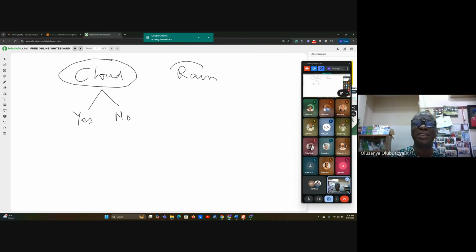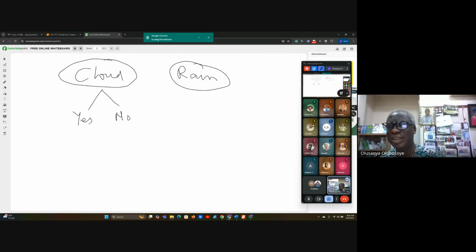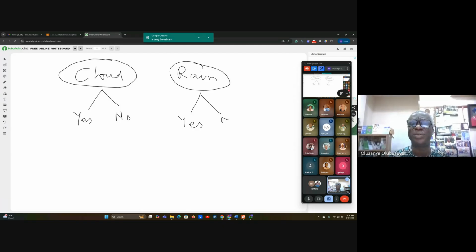Rain is another variable this time around, which could also be yes or no. So we could have a sort of hypothesized situation to say, okay, which one is the parent?